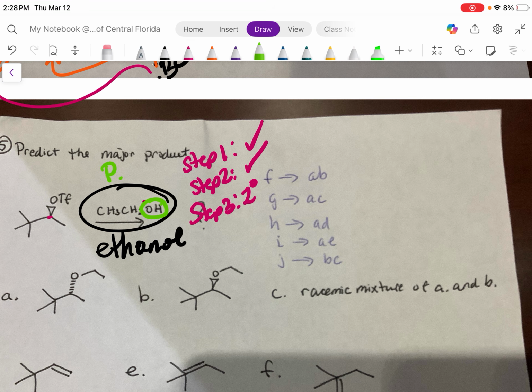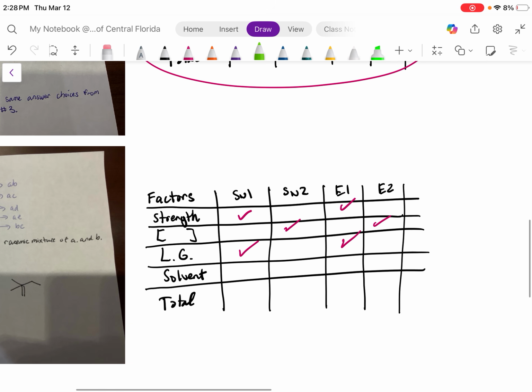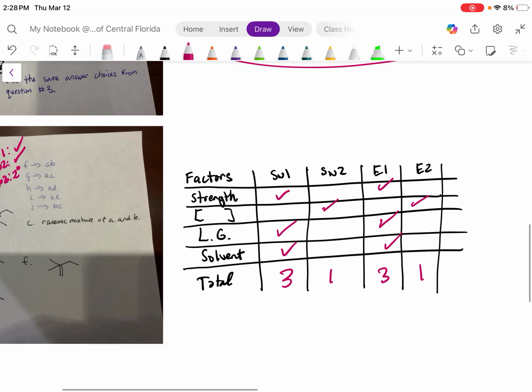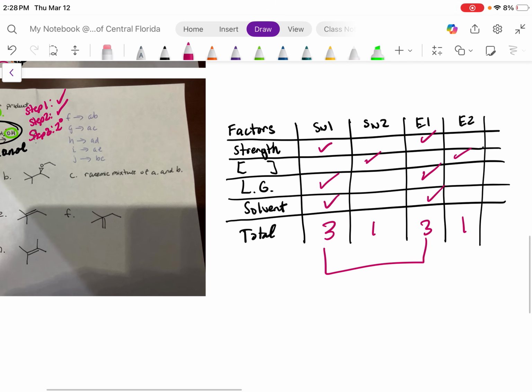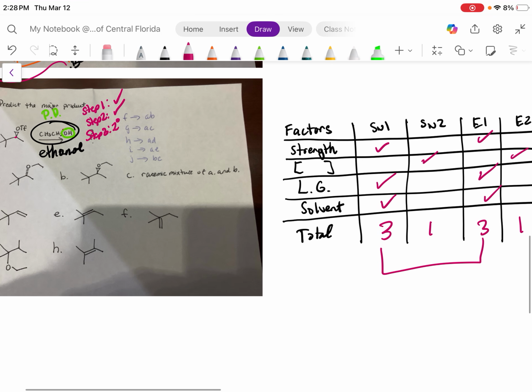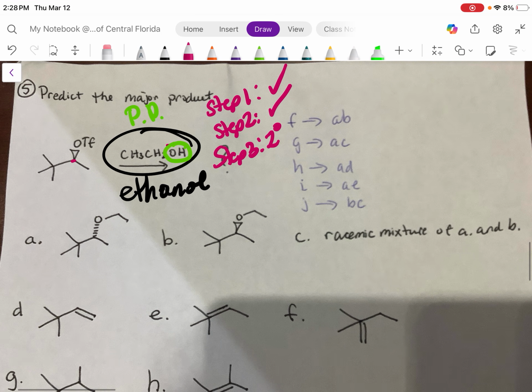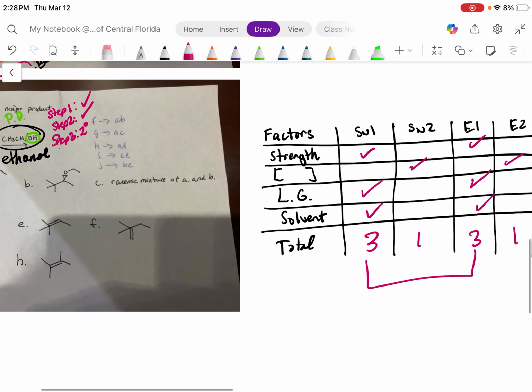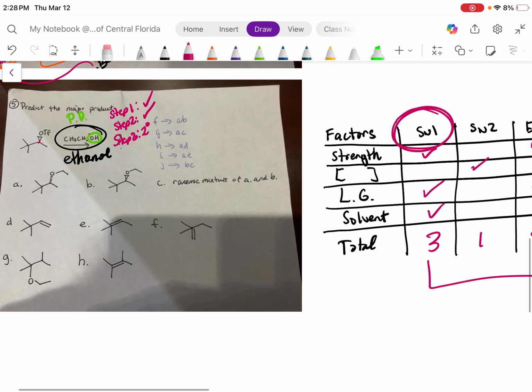So that would make it a polar protic solvent, and polar protic solvents are going to favor SN1 and E1. So now we tally this all up, and we see that we have a two-way tie between SN1 and E1. So now we have to take a look: is heat mentioned in any of these? And you'll see that heat is not mentioned. So the winner is going to be our SN1 mechanism.